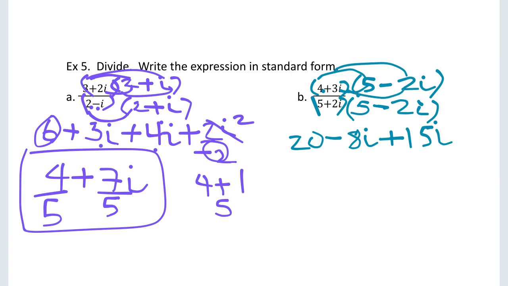And then negative 6i squared. i squared is negative 1, times negative 6 is 6. 20 plus 6 is 26. And negative 8i plus 15i is 7i.